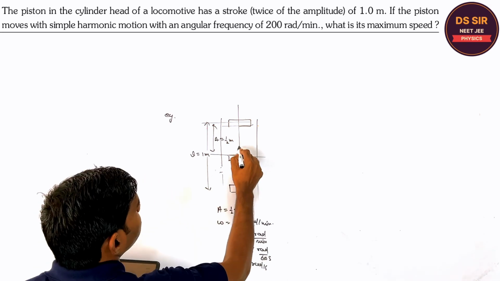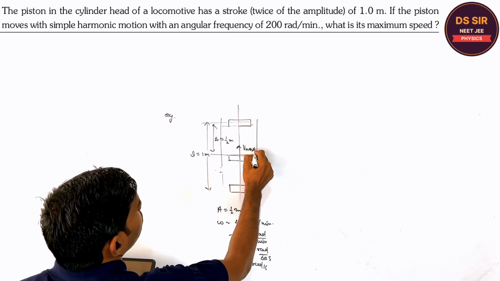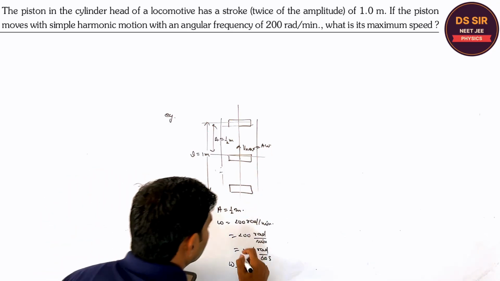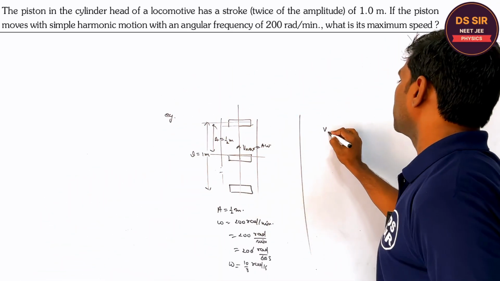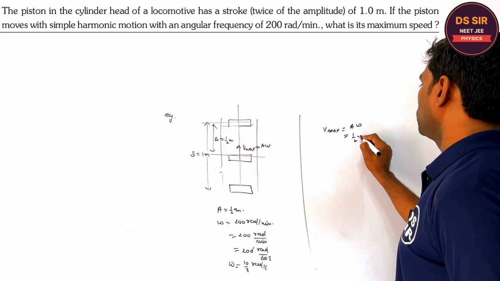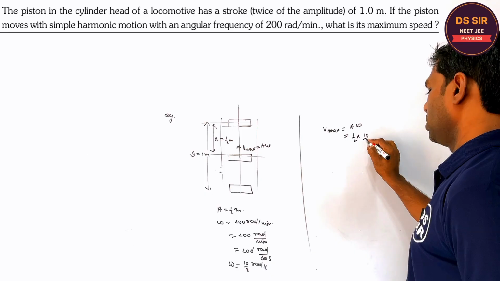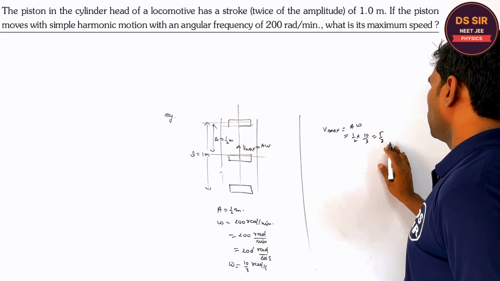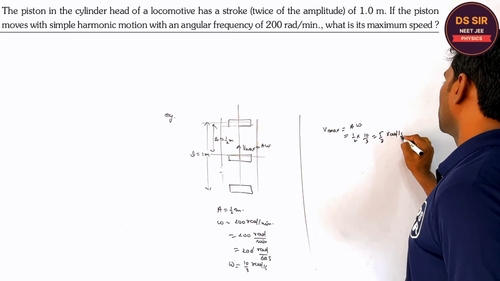What is the maximum speed at the mean position? You will say A omega. So the maximum speed is A omega. A is 1/2, omega is 10/3, so 5/3 meter per second.